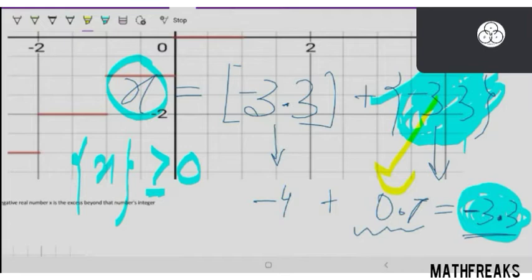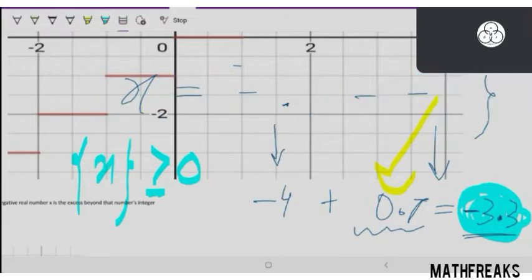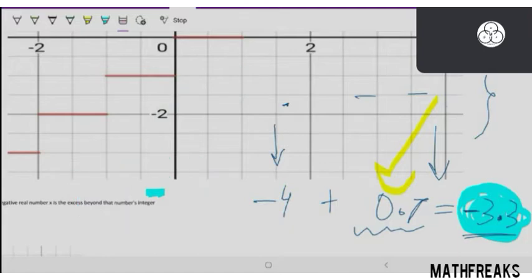So here we can deduce that the fractional part is always greater than or equal to 0. Now in which case will the fractional part be 0? When this x is an integer. We will discuss this elaborately in fractional part. So now let's focus on the graph of the greatest integer function.